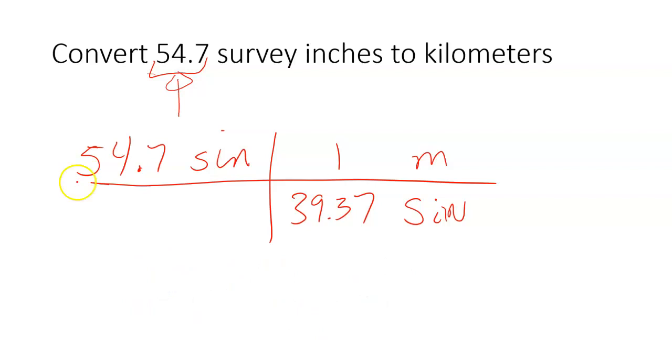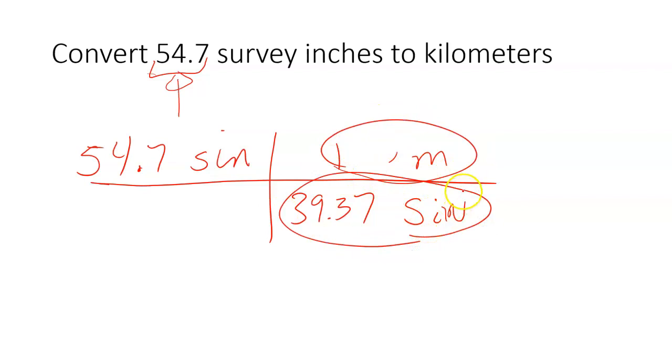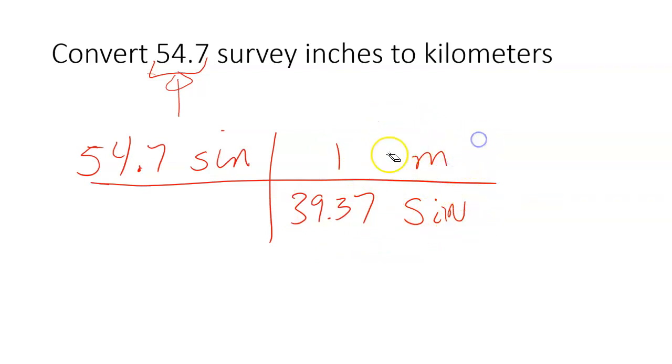The way this works is that it's like multiplying any number by 1. What do I mean by this? This number, whatever it is, if you multiply it by 1, it's going to be this number, right? Now, here what we're saying is that if 1 meter is equal to 39.37 survey inches, that means that this is the same thing over the same thing, and this is 1, right? A over A, as long as A is not 0, you know that this will be 1.